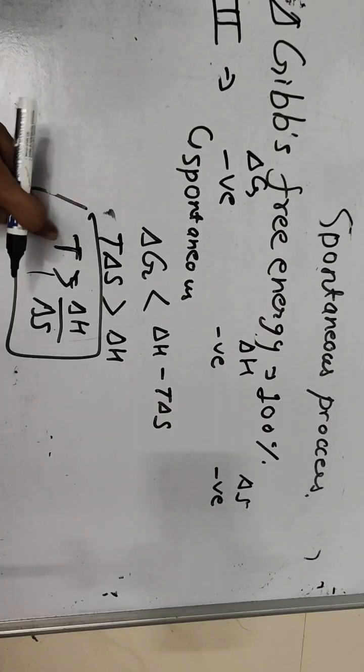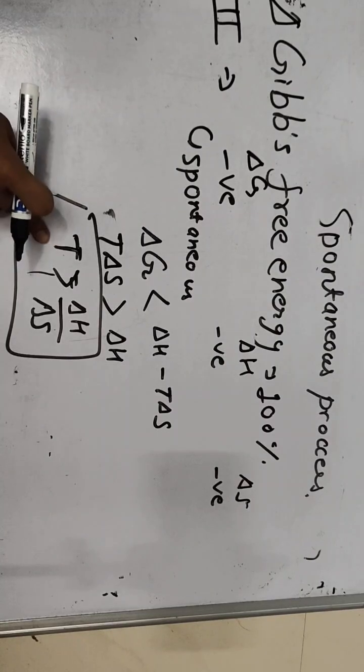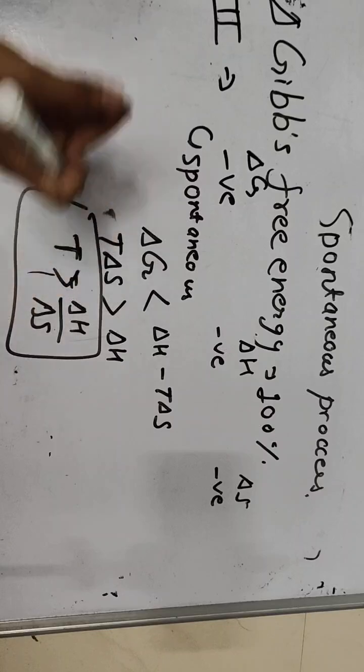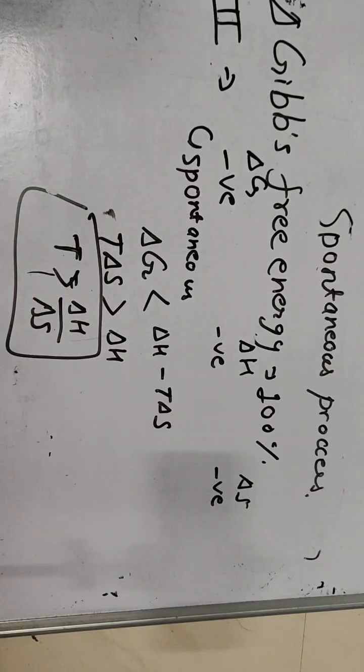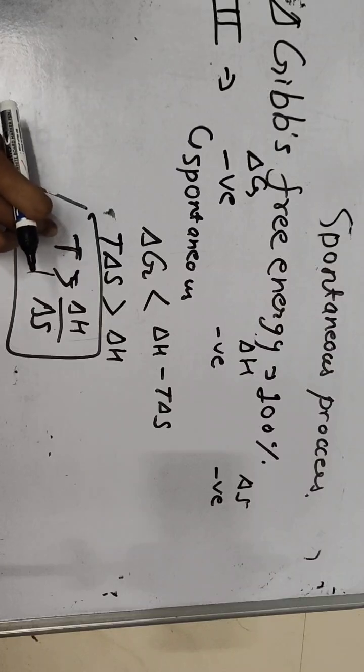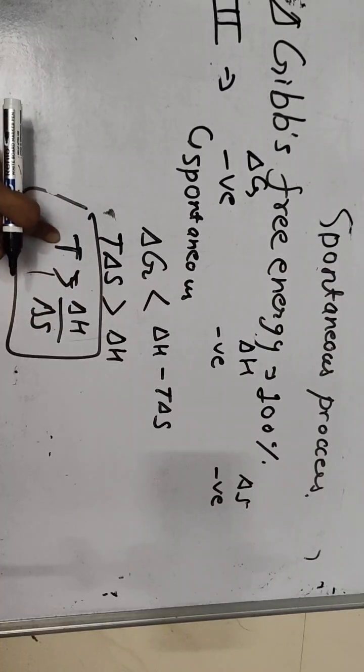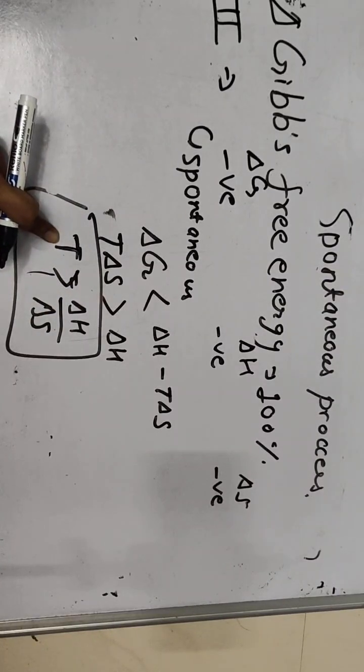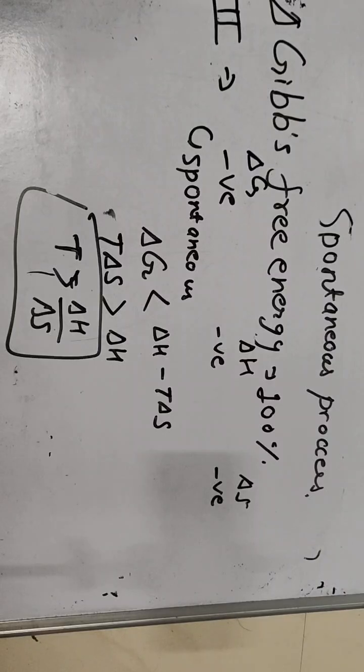So we have to find out this temperature, and when we put in the values and get the delta G value negative, then this reaction can be spontaneous. And when this value is less, then we'll consider that reaction as non-spontaneous.